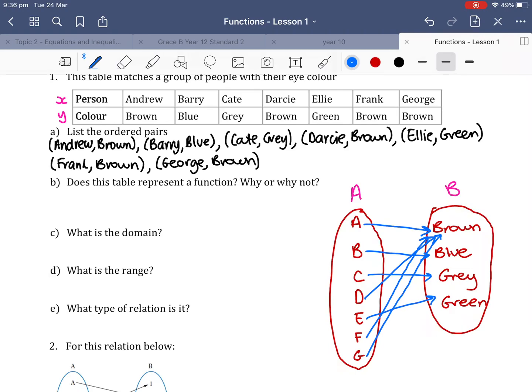So this table does represent a function, since for every person there is a unique eye colour, so each person is going to one eye colour. Okay, so our answer is yes, it is a function.